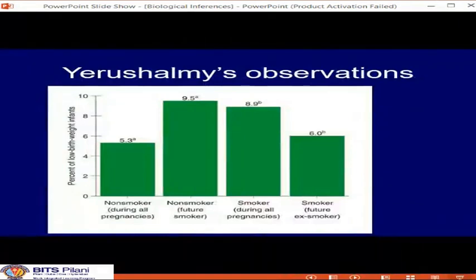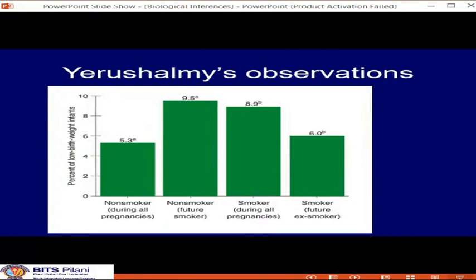A famous scientist called Yerushalmi observed low birth weight babies, and he was interested in the future. So he followed up women from pregnancy into the future. Some people never smoked, before or after pregnancy. They were called non-smokers.